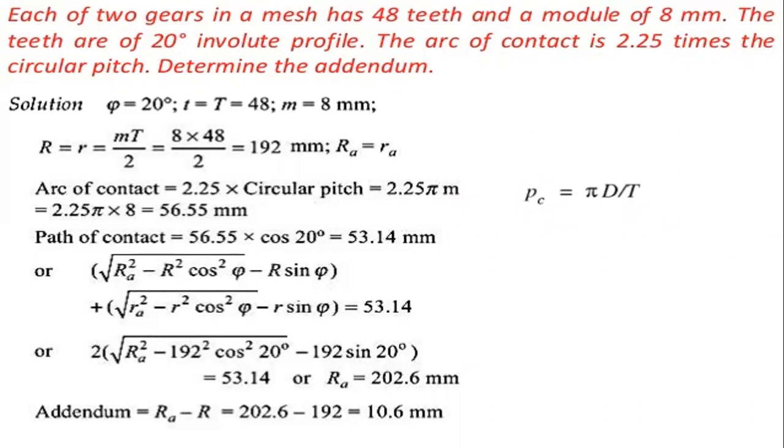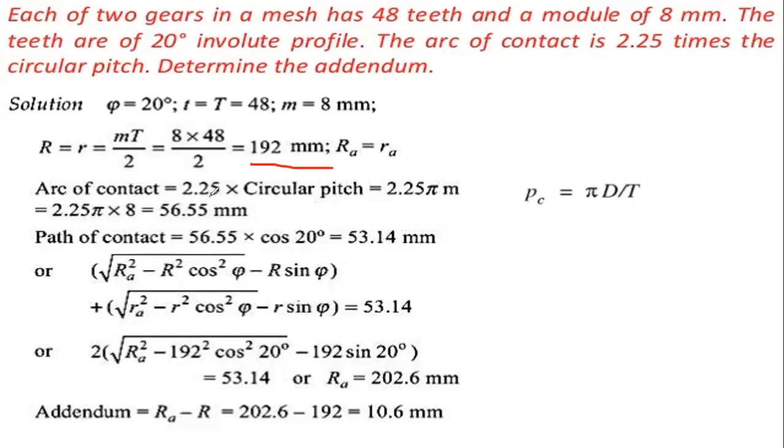Then we take the capital R, that is the radius of the driver gear, which is equal to the radius of the other gear, that is module into teeth by 2. By substituting these, we get the value as 192 mm.